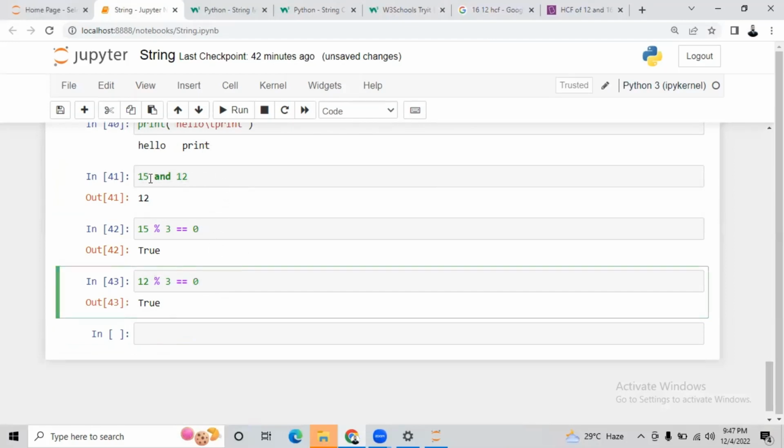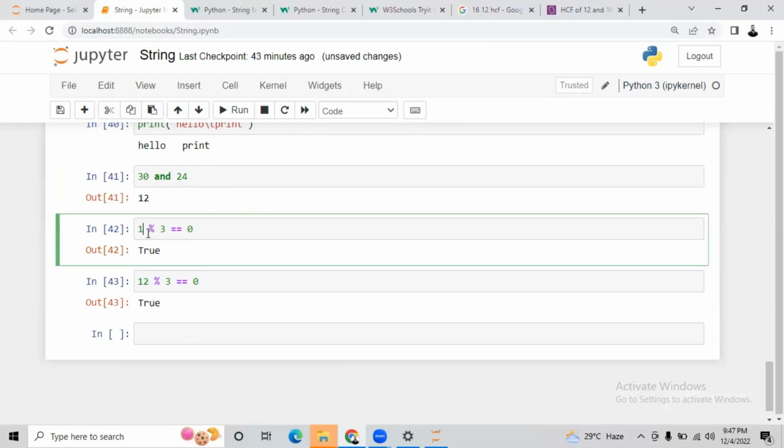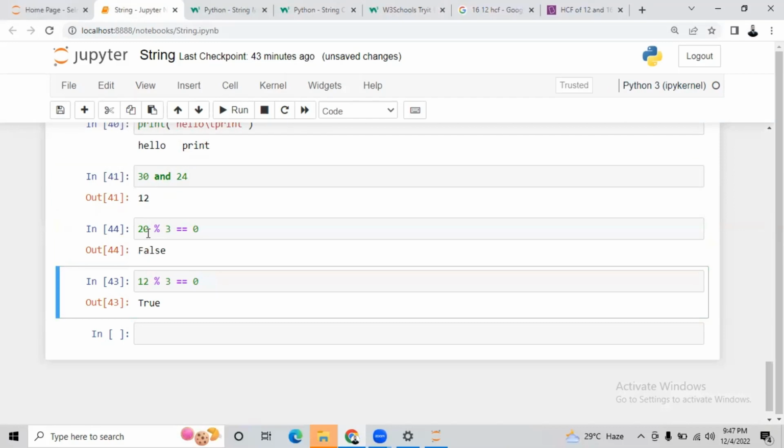So if I have 30 and 24, what will be the HCF of this? You have to figure out a number which, when divided by both numbers, gives a remainder 0. 6. 6, okay. 3 is also possible, correct? Yes, but not the highest, no? Highest, correct.